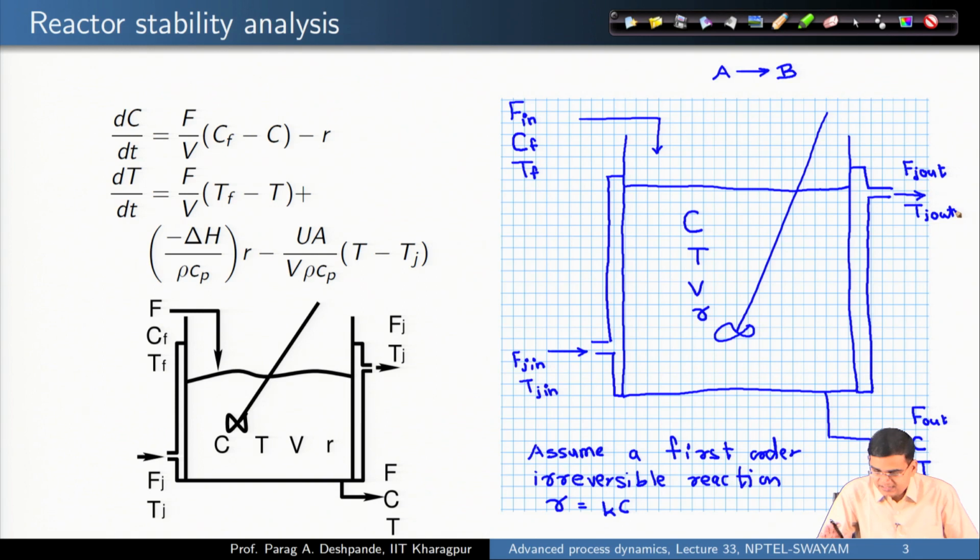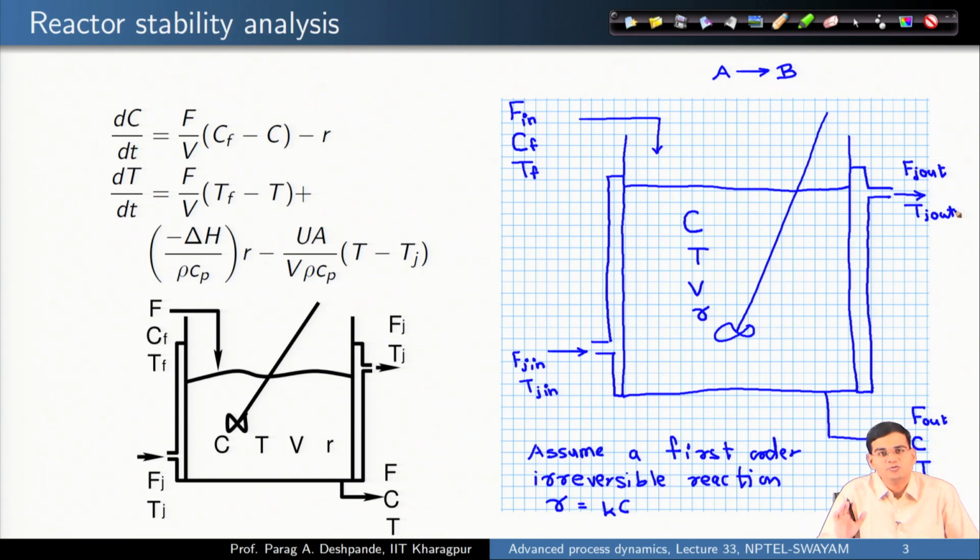And then, since you have the well mixed case, at the outlet the concentration of the species is simply C, the same as inside the reactor, and the temperature T, which is the same as inside the reactor. The volumetric flow rate would be F out. At this point of time, we do not know the relationship or inequality which exists between F in and F out.